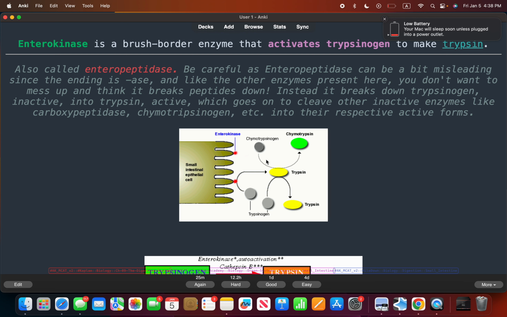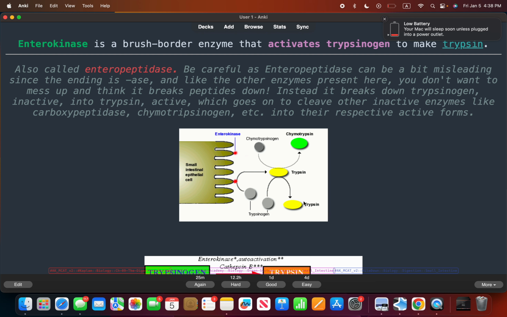And we have the small intestinal epithelial cell here. We have enterokinase on the tip of these epithelial cells. And these enterokinases turn trypsinogen into trypsin, and the trypsin, for example, helps in turning chymotrypsinogen into chymotrypsin, which is the active form, or trypsinogen into trypsin itself.